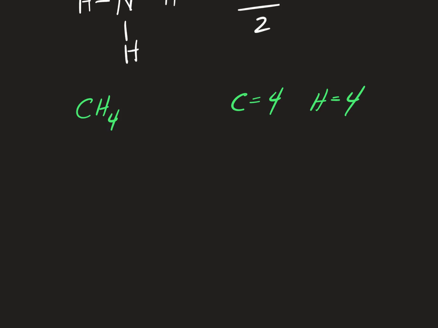So the hydrogens are contributing 4 valence electrons to this molecule. That's a total of 8 valence electrons total, right? What about our skeleton structure? There's carbon, 1, 2, 3, 4 bonds. I need 4 bonds because I've got 4 hydrogens.